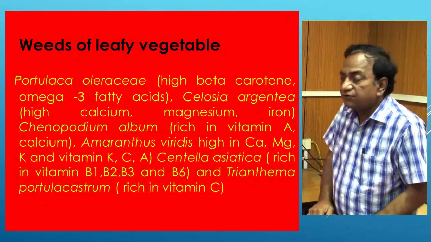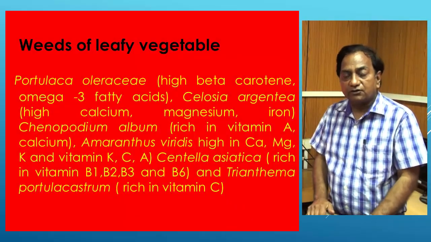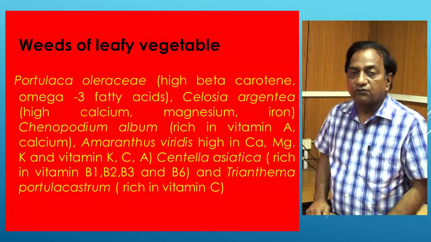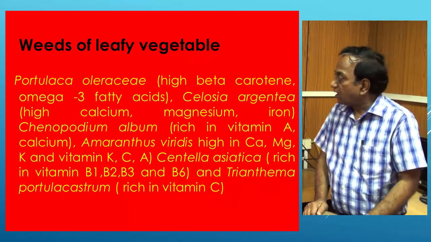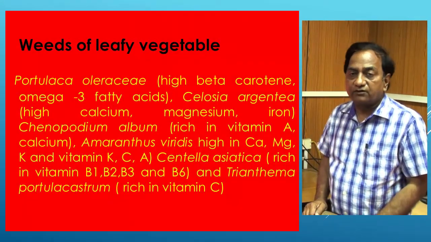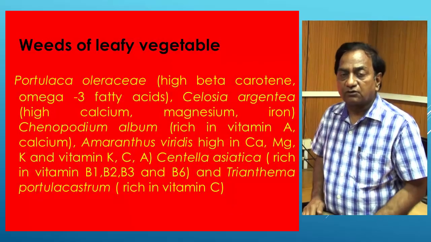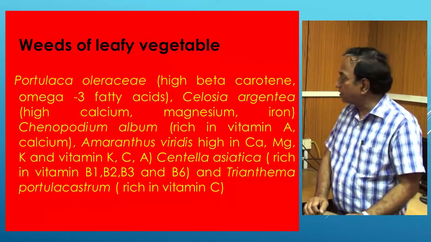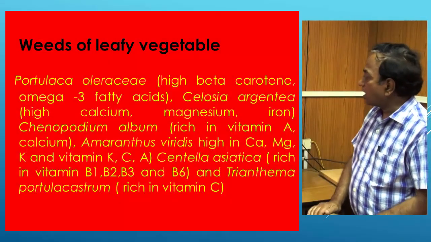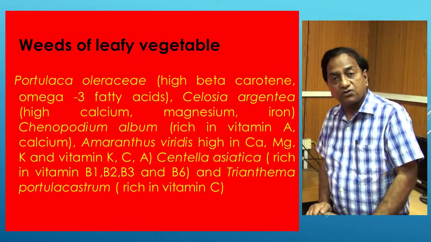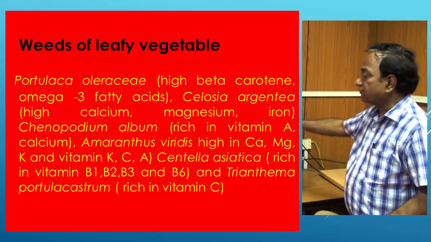Weeds as leafy vegetables. A very good sign, a very good thing about weeds, is that they are also useful for human beings, and a number of weeds are popular among villagers as leafy vegetables. For example, Portulaca oleracea. This is high in beta carotene and omega-3 fatty acids, and very nutritious.